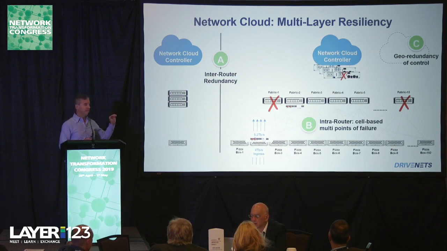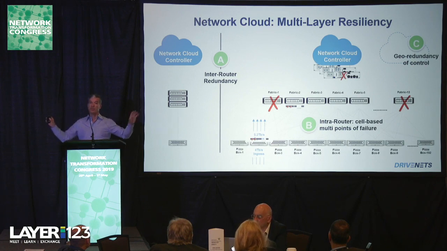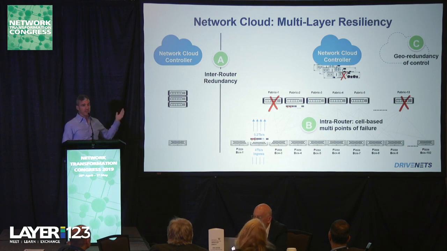You can maintain the same performance even if you have multi-points of failures. The network cloud controllers, where the control plane is running, also run in active standby mode over 2 servers. And if you want even better availability, you can take these 2 servers and install them in 2 separate locations. So you have even better high availability. So you see that if we talk about telco grade, network cloud was designed for multi-layer resiliency for telco grade availability.